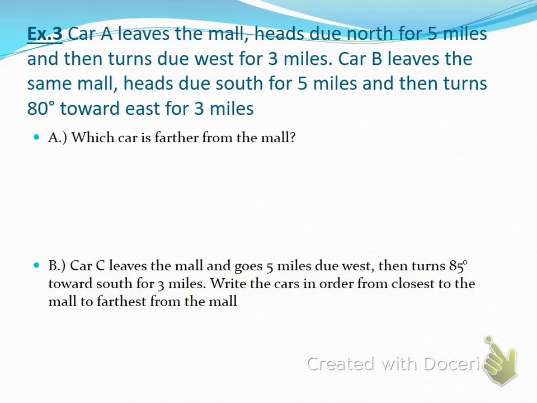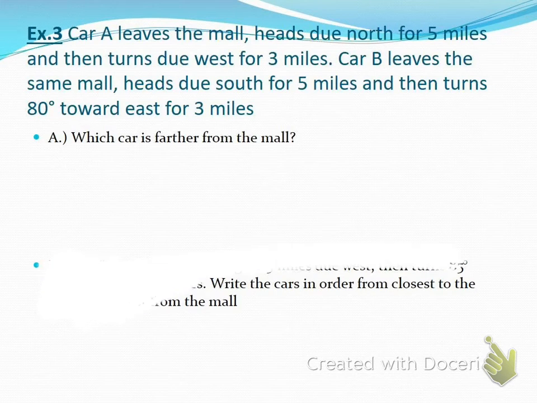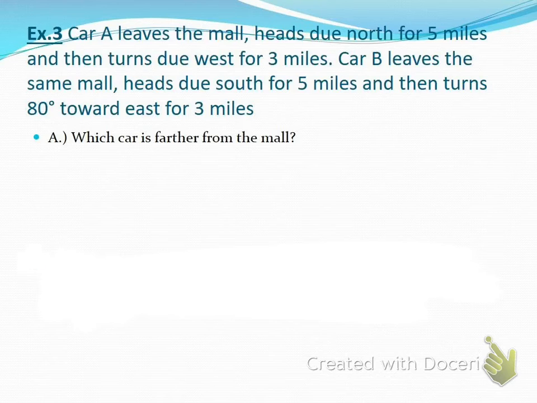All right. Car A leaves the mall, heads due north for 5 miles, then turns due west for 3 miles. Let's start illustrating that. I'm going to take away letter B so I've got a little space. So we start out at the mall. I'll label that point M. Car A goes north 5 miles.